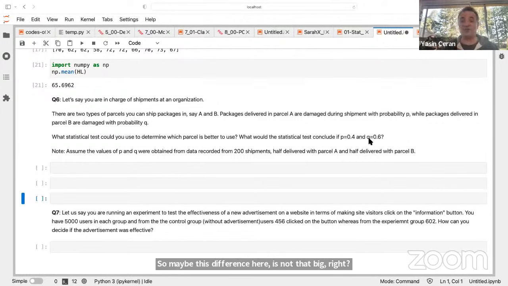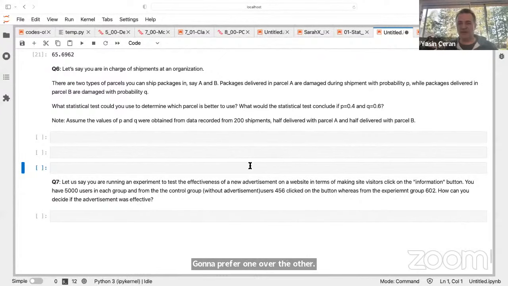If the difference is not that big, then parcels A and B are the same. But if the difference between A and B is statistically significant, then we're going to prefer one over the other. All right, let's slowly try to solve this problem together as much as we can.